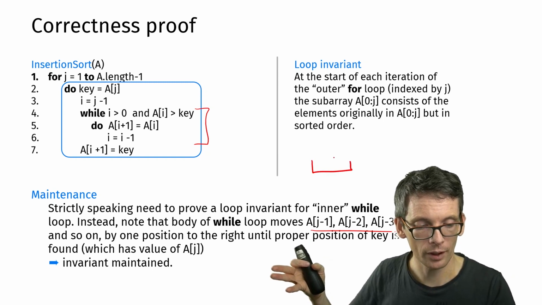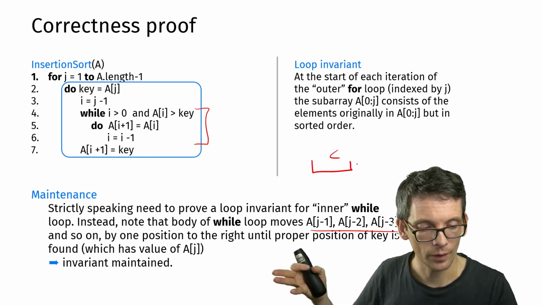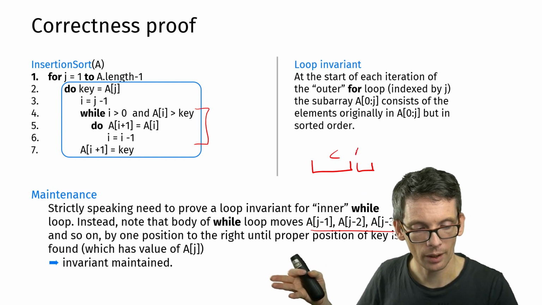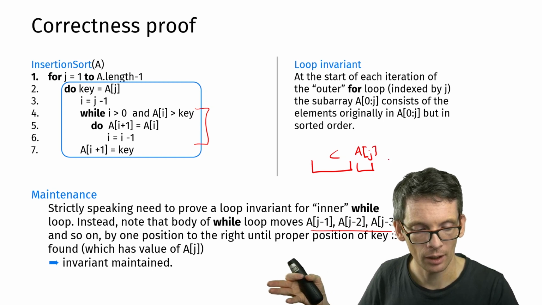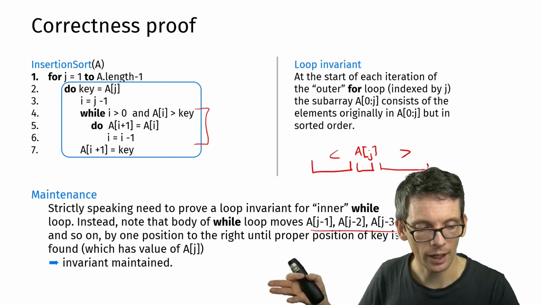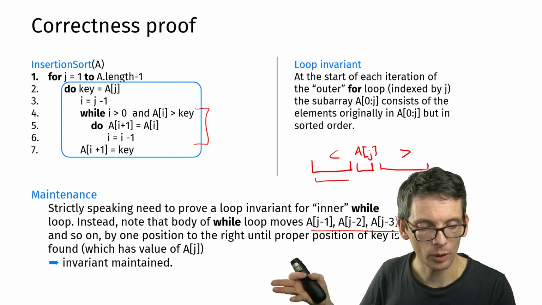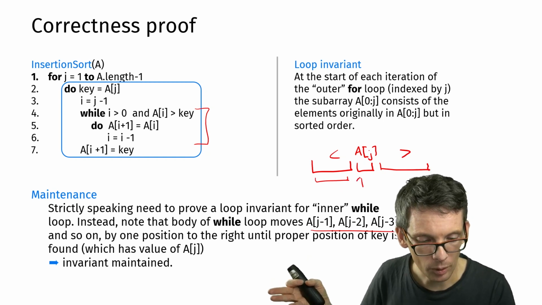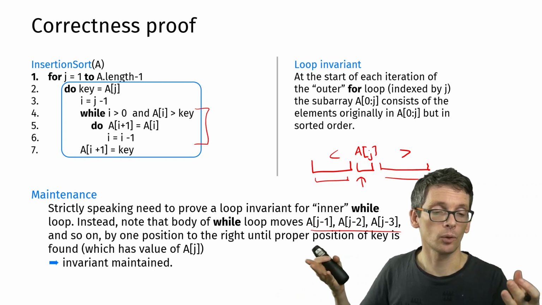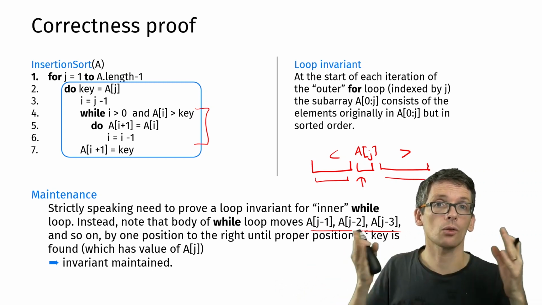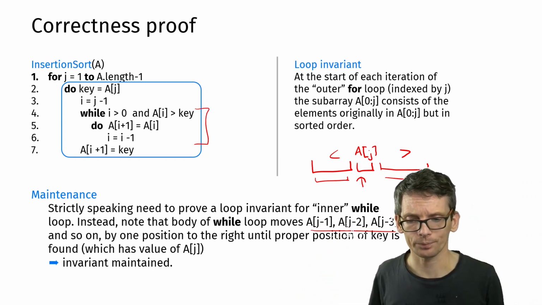Here I have the elements that are smaller, here I have my new element, this was my original A[j], and then here I have the elements that are larger. Because this part was sorted, this one is in the right position, and that part remains sorted, it's overall still sorted.